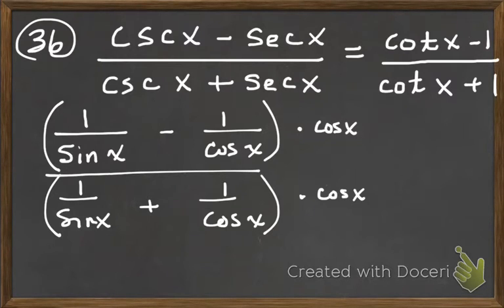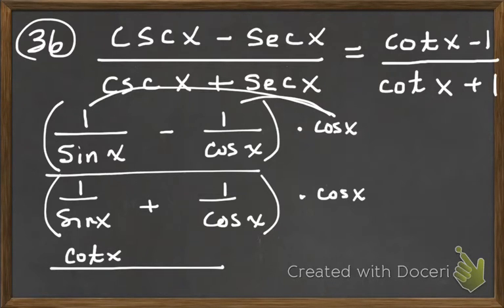Because you're not just multiplying cosine times 1 over cosine, you're also multiplying cosine times 1 over sine. So what would happen when you multiplied cosine times 1 over sine? You get cosine over sine, which is cotangent. So can y'all kind of see what's happening here? You can go ahead and turn that into cotan in your head.